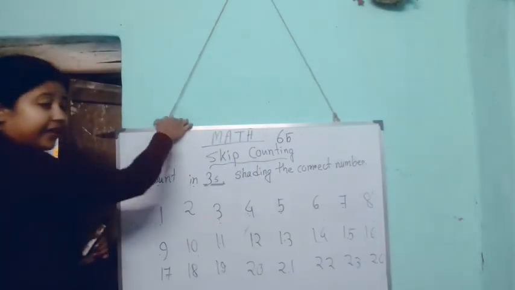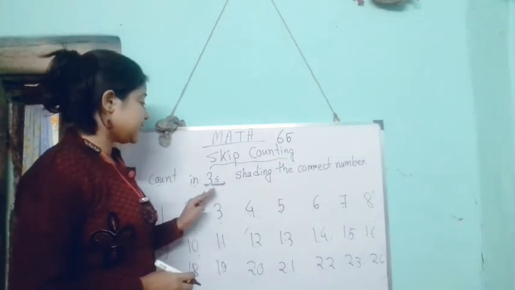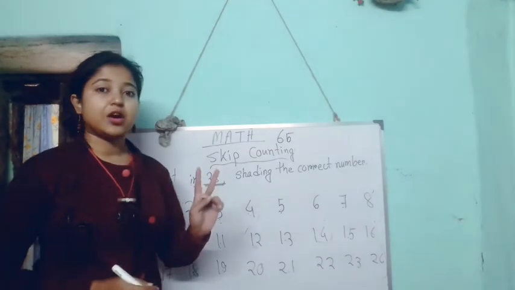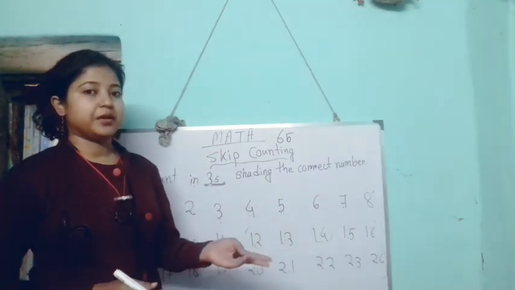Now if it is saying that we have to count 3s, not 2s, it's 3s. That means we will count the 3rd number. We will leave 2 numbers and next we will count the 3rd number, okay?